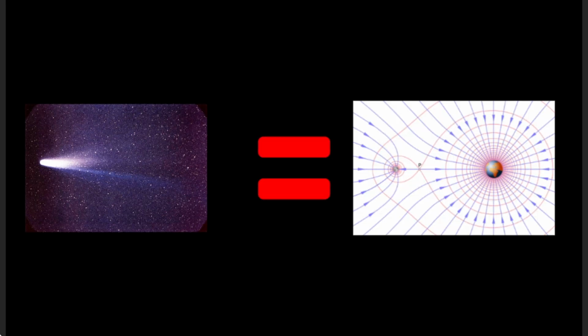And because acceleration equals force divided by mass, the comet's acceleration towards TON 618 is the same as the field strength, 0.096 meters per second squared.